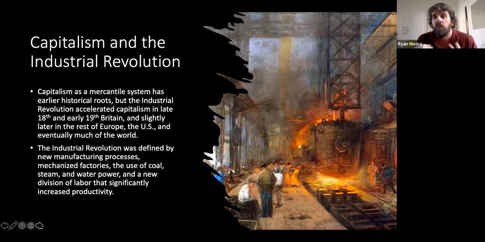And it also involved a new division of labor, a way of organizing the workplace that vastly increased productivity. We will see that this theme of the division of labor is an important one for the development of sociological theory. It's something that Adam Smith wrote very famously about in his book The Wealth of Nations, going back to 1776.